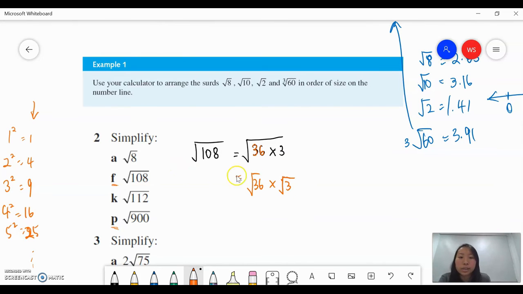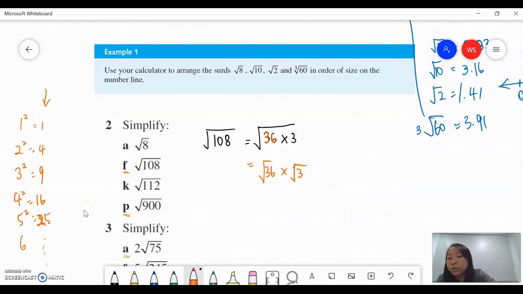Square root of 36 will give you 6, because 6 squared is 36. So that will give you 6 times square root of 3. As you simplify on the last stage, make sure you drop that multiplication sign. So 6 square root of 3 will be your answer for that.